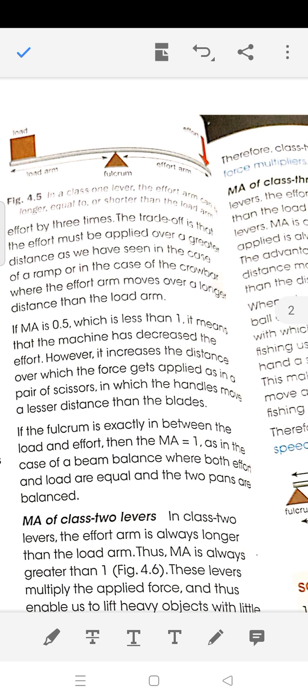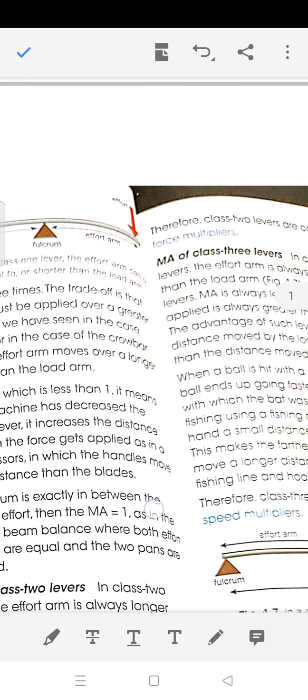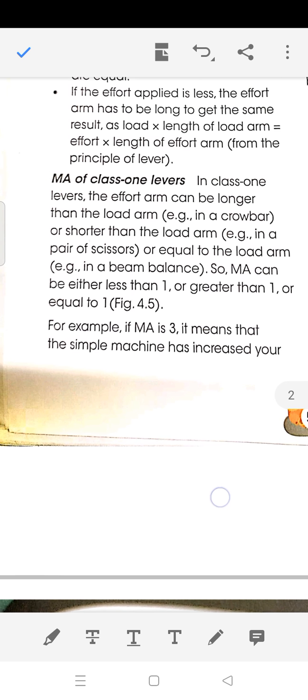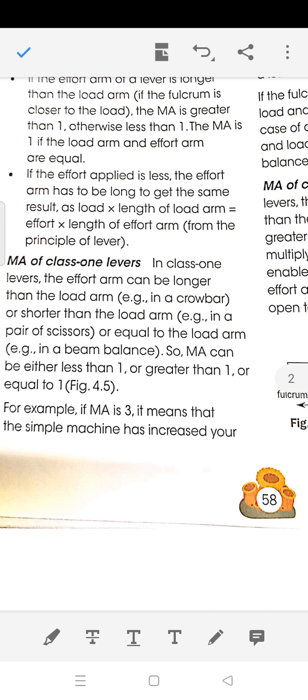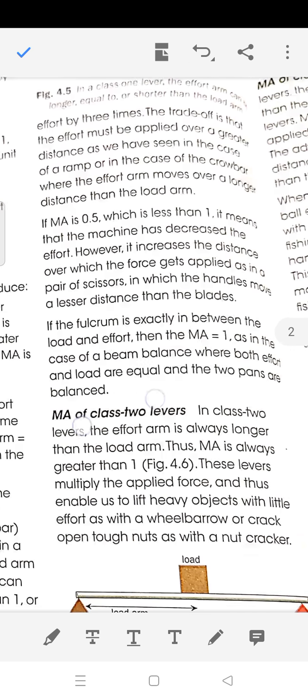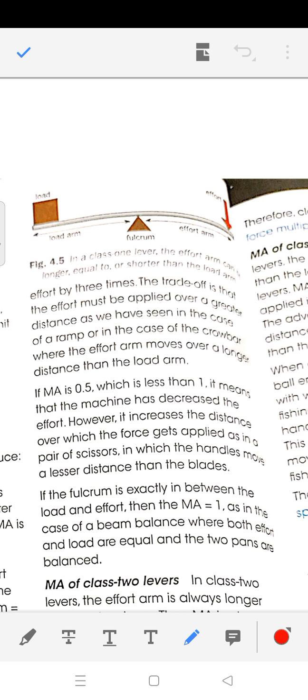Now, for class 1 lever, what is the mechanical advantage? Let us see. MA for class 1 lever. Now, as we know, in class 1 lever, the fulcrum is in between the load and effort.